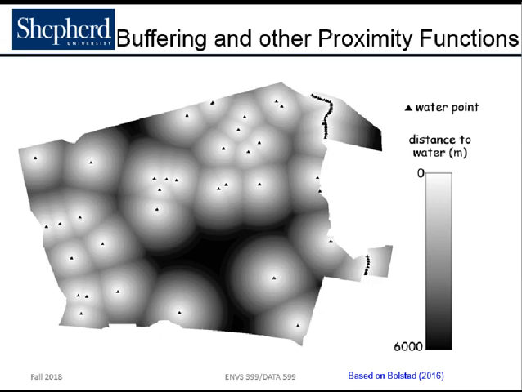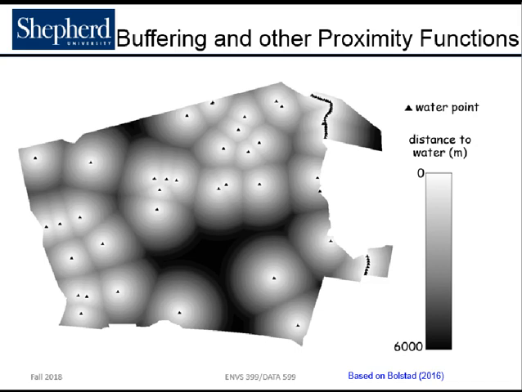The figure shows a distance function applied to water holes in a wildlife reserve. Water is a crucial resource for nearly all animals, and the reserve managers may wish to ensure that most of the area is within a short distance of water. In this instance, point features are entered that represent the location of permanent water.